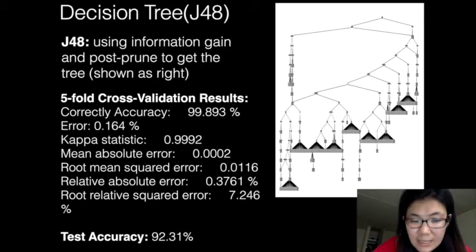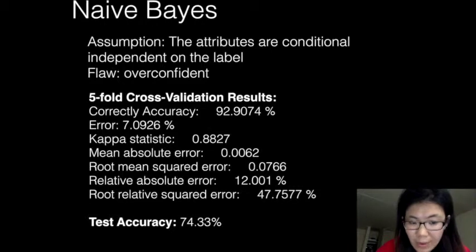The kappa statistic is 0.99, and the mean absolute error is 0.00002. The root mean squared error is 0.0116. The relative absolute error is around 0.4%, and the root relative squared error is 7.24%. And especially, the test accuracy is 92.31%.